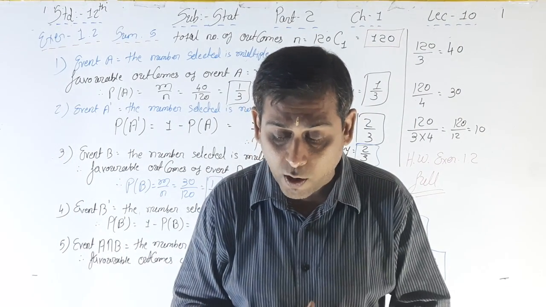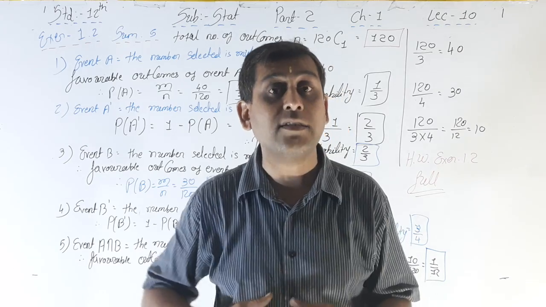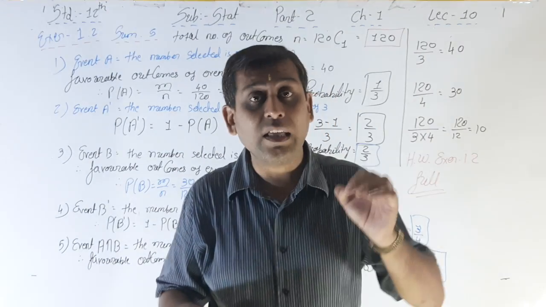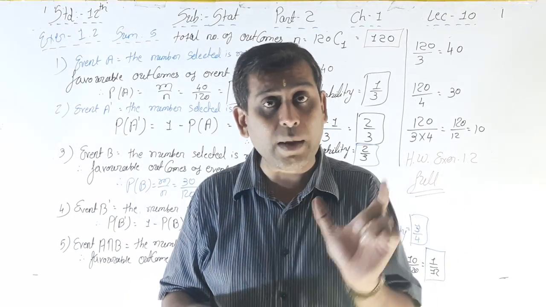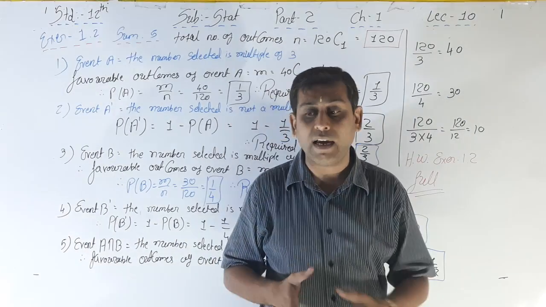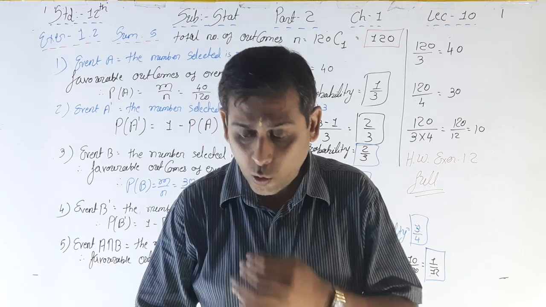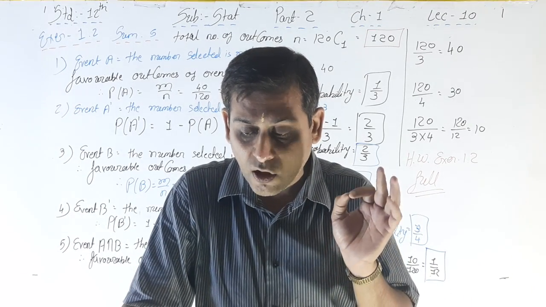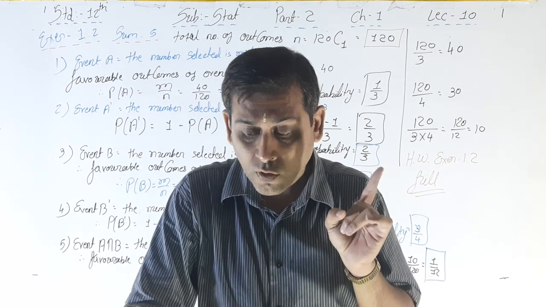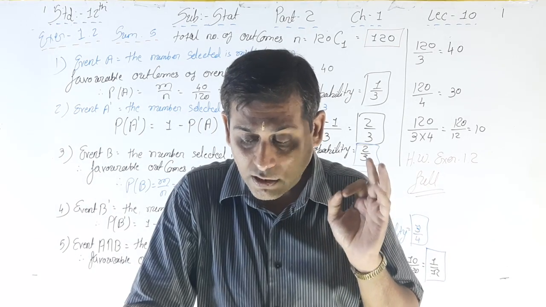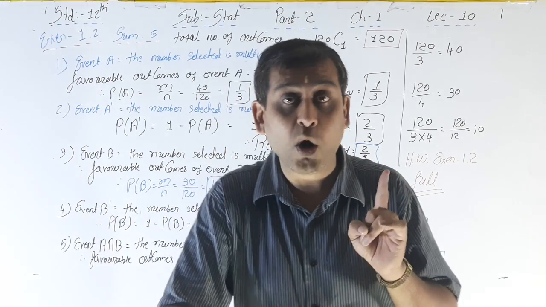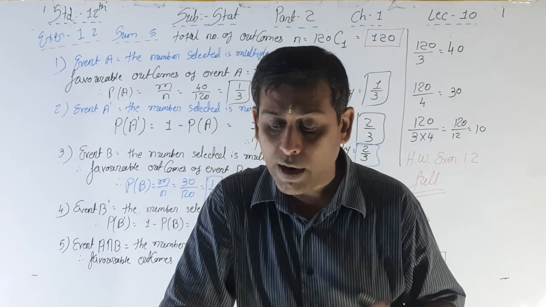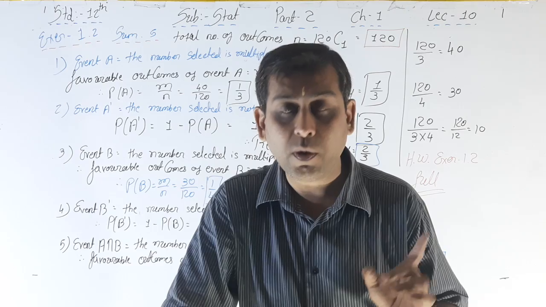Now see the seventh one: find the probability of getting vowels in the first, third and sixth place when all the letters of the word ORANGE are arranged in all possible ways. See how many vowels are there, and we have to arrange them.